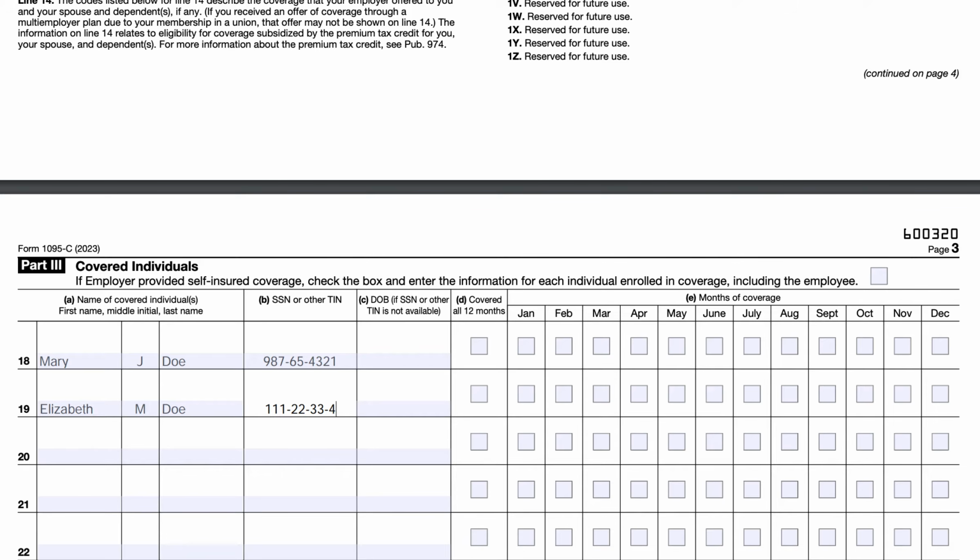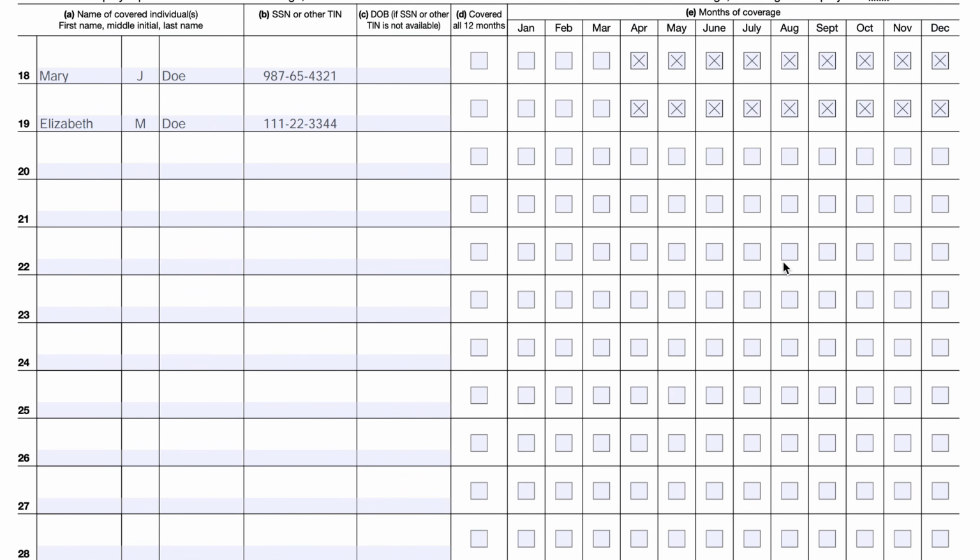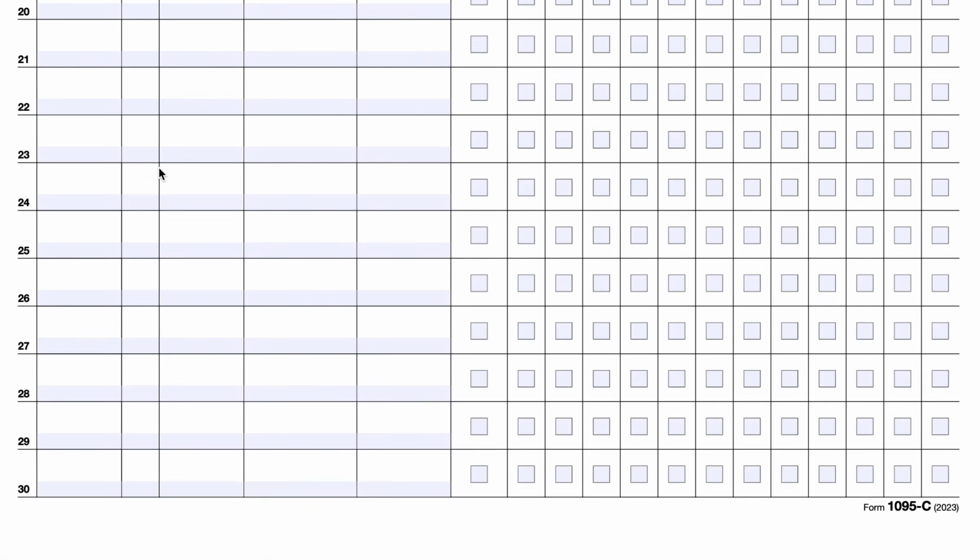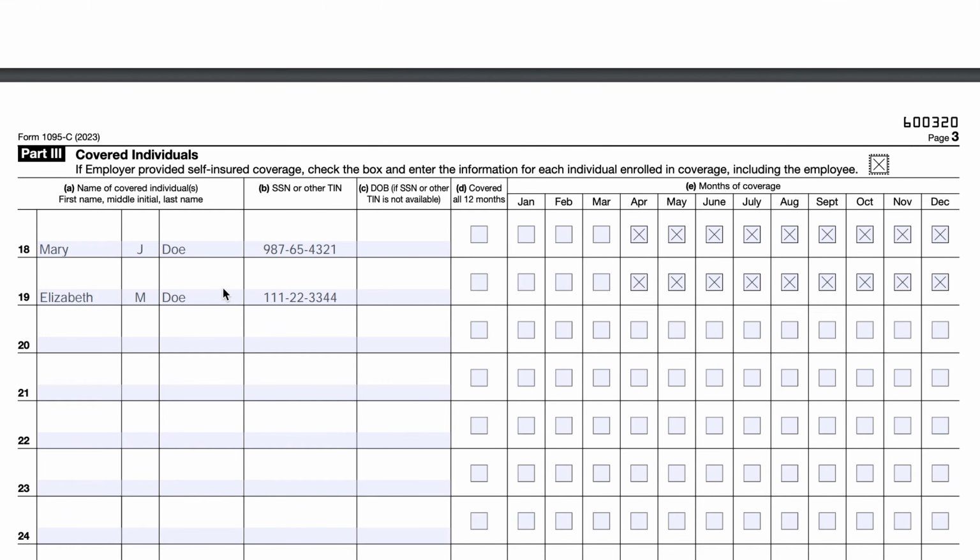Let's just say that's John's daughter, Elizabeth Doe, and they fell under the same coverage situation where they were covered from April all the way through. If the employer provided self-insured coverage, you would see that this box is checked. And there's plenty of space for all of the covered individuals.